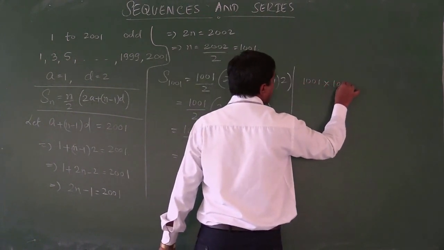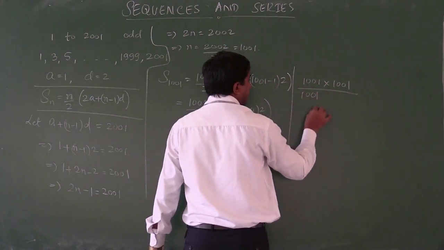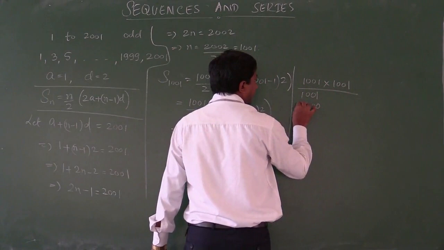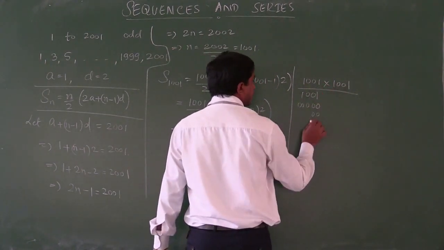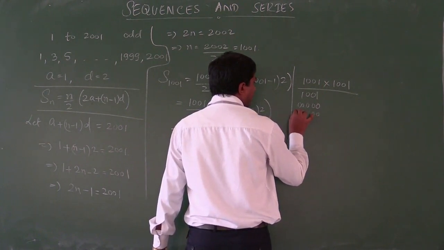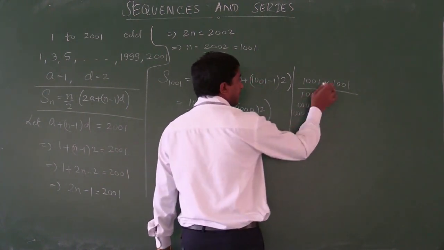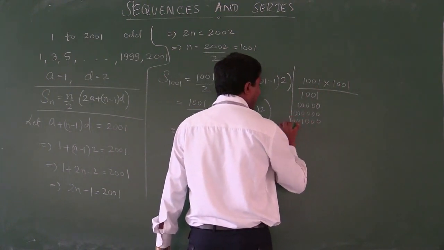1001 into 1001 we have. This is 1001. Then 4 more zeros I have to put. Then 2 zeros. Then 4 more zeros I have to put. Then 3 zeros. Then 1001.